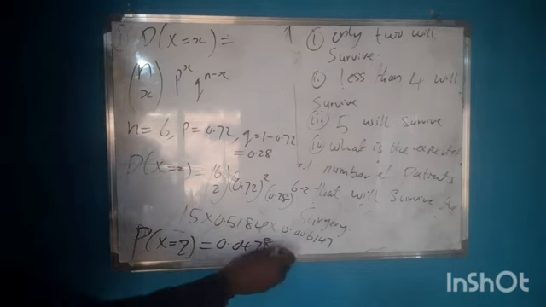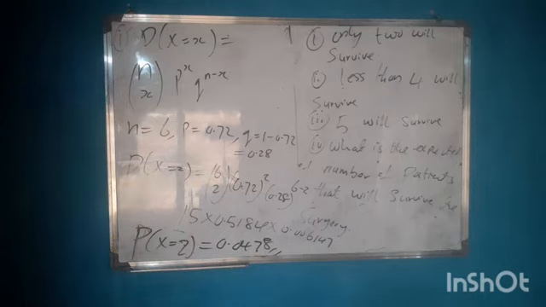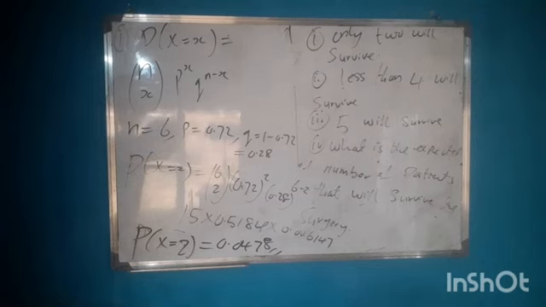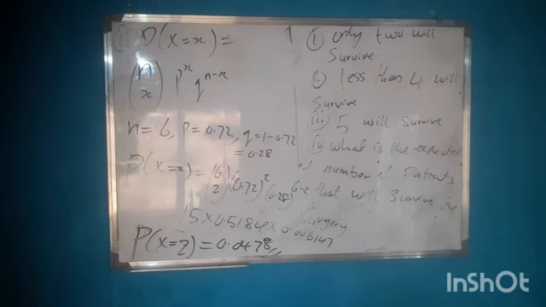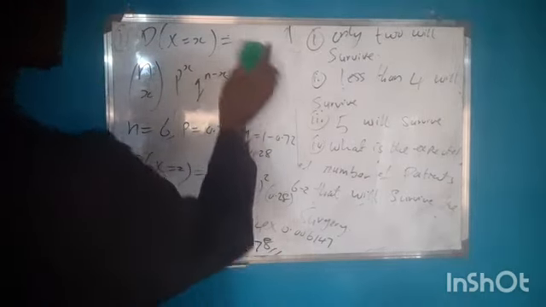This is the answer, the probability that only 2 will survive. Let's look at number II, which says less than 4 will survive.